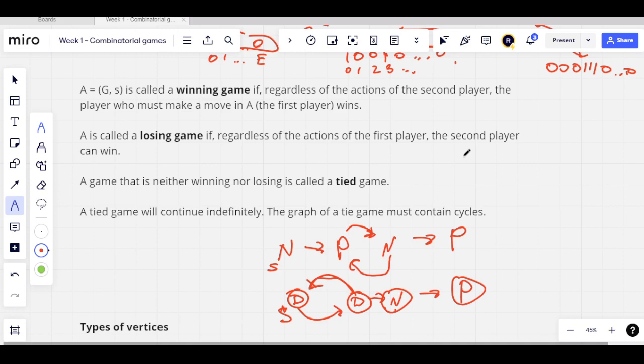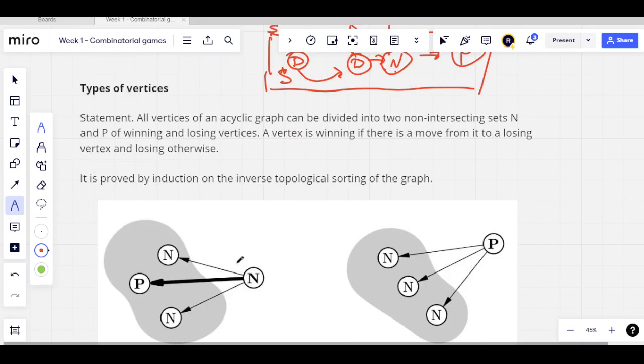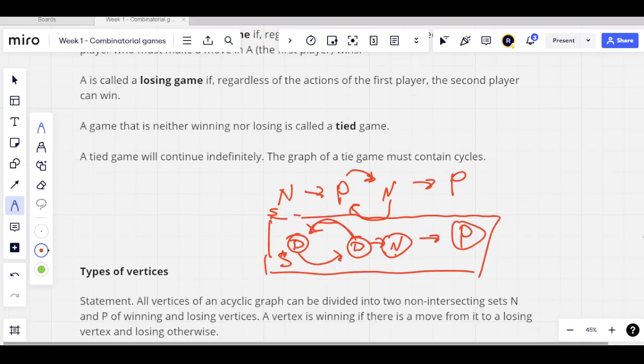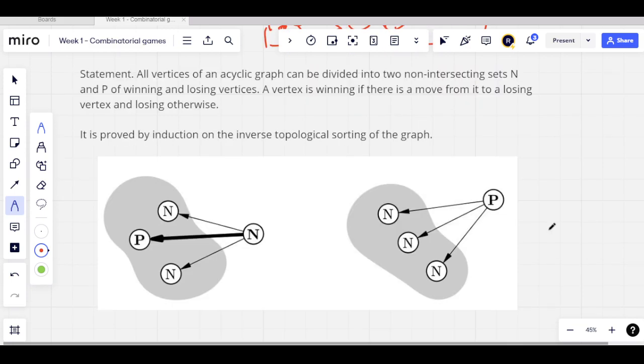We have this kind of games, and we have to devise a strategy to define these games. Okay, but first we define graphs in which we have no cycles, acyclic graphs.